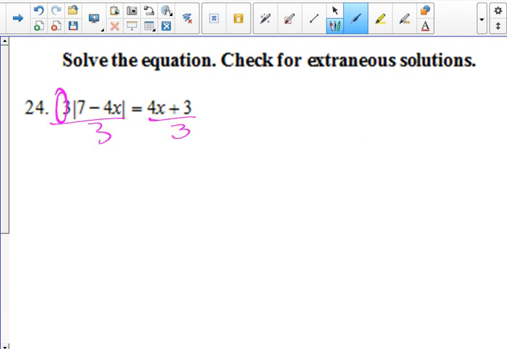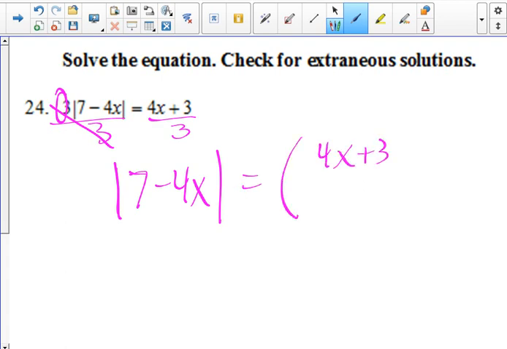When you do this, this is going to cancel out. So you get the absolute value of 7 minus 4x equals, and I'm going to put it in parentheses now, 4x plus 3 over 3.